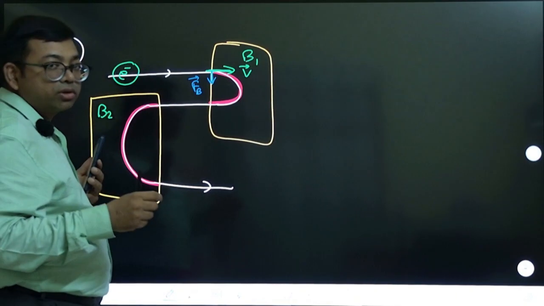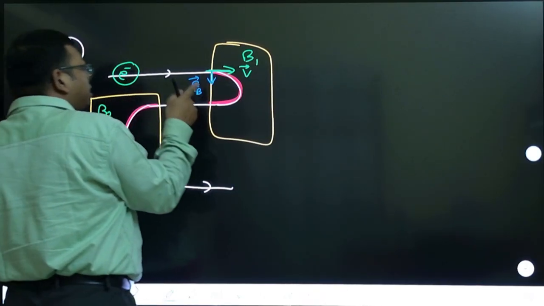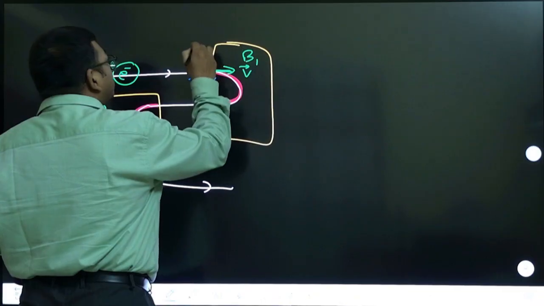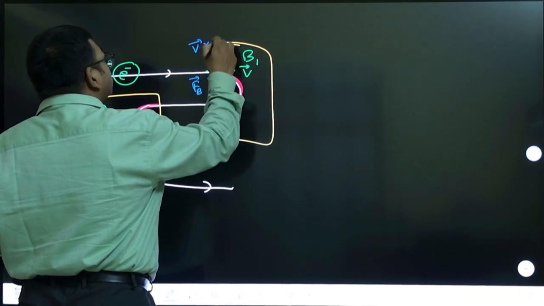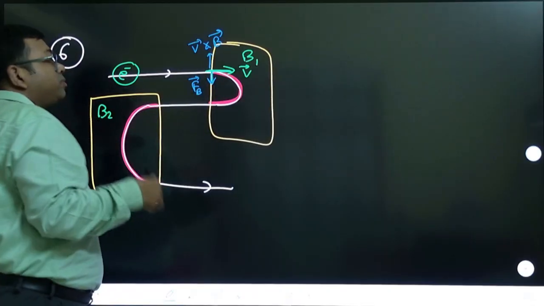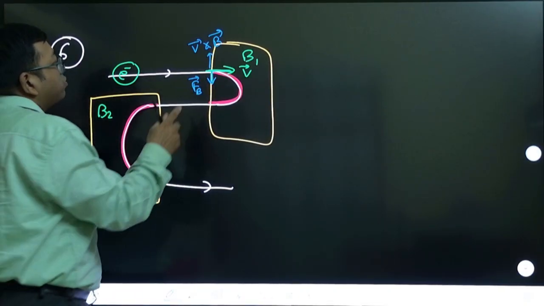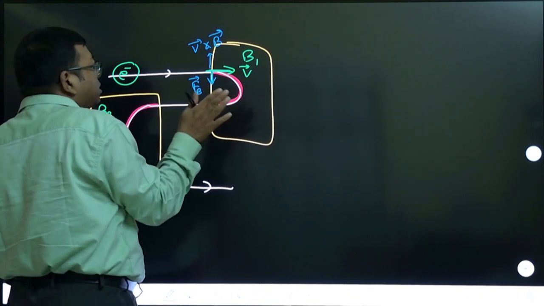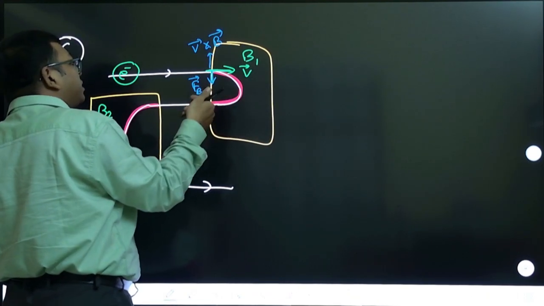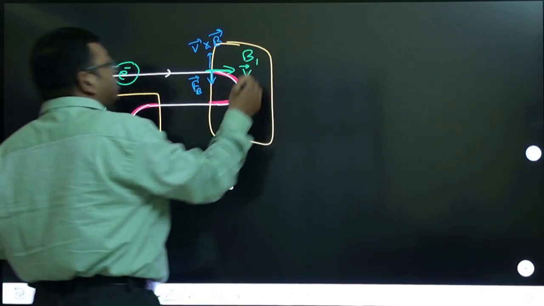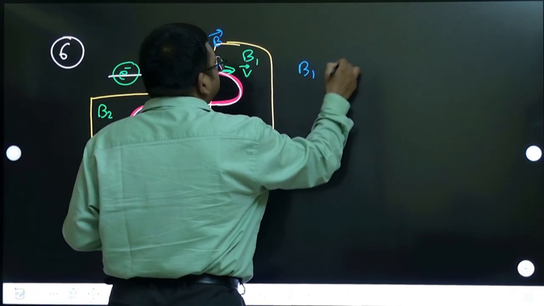But the charge is negative, so the V cross B direction will be this way. Force is opposite because the charge is negative. So the V cross B direction is this way, which means definitely the field will be into the page. So this field B1 is inside, meaning cross.